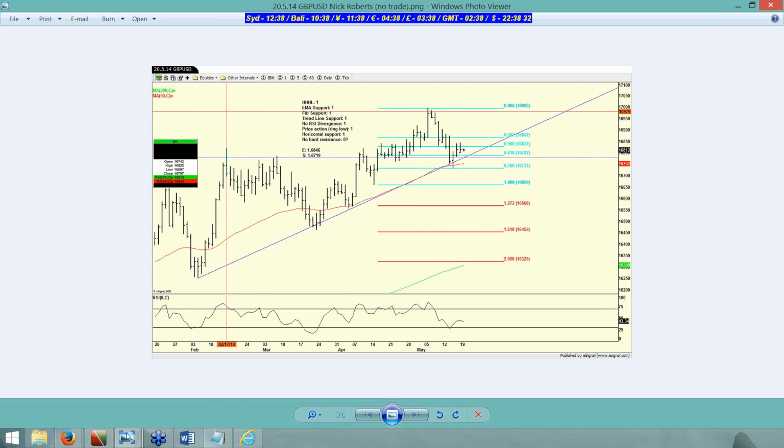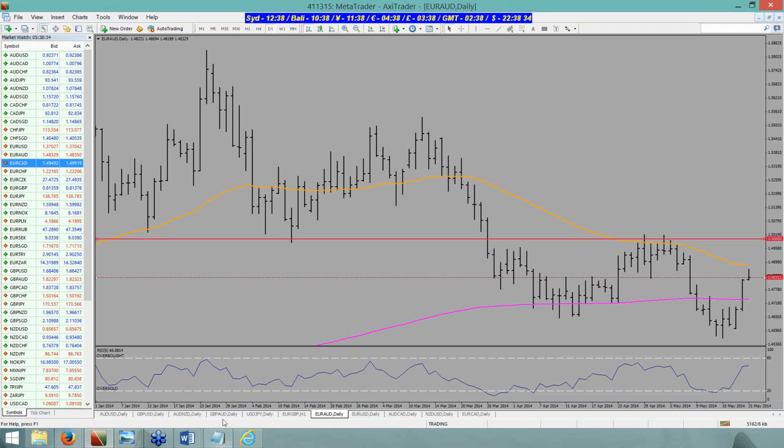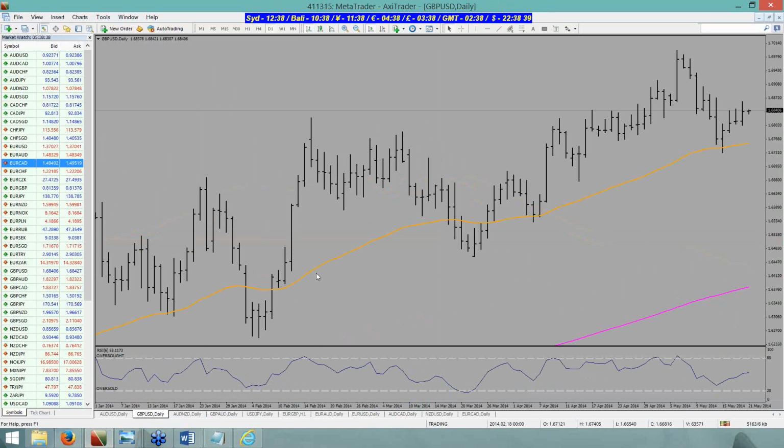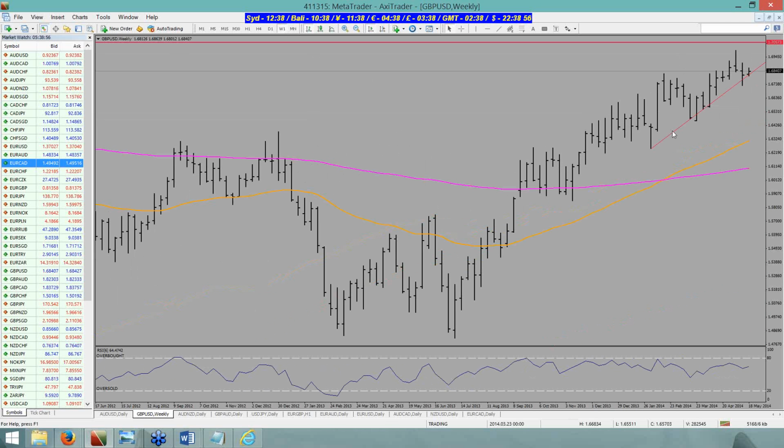This trend line, I'm not certain about that. If you're going to draw the trend line, you go from the outside there to the outside there, or worst case scenario to that there. There might even be a longer one there.